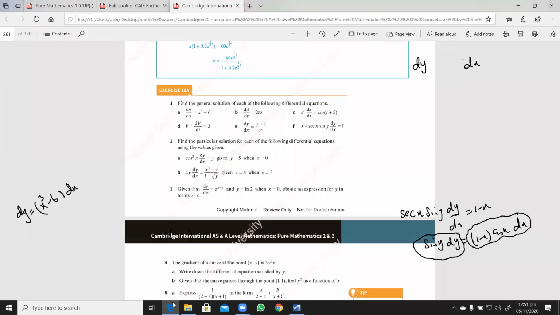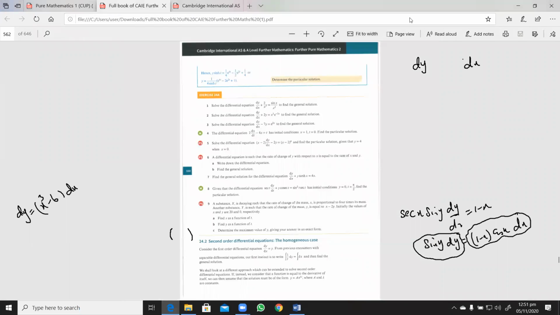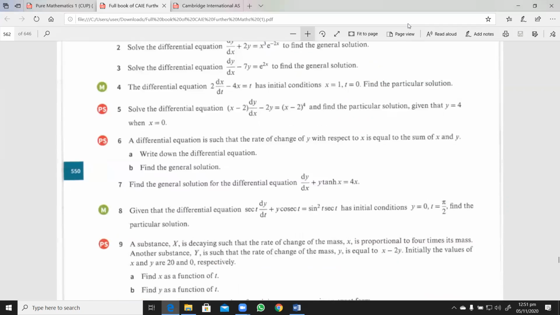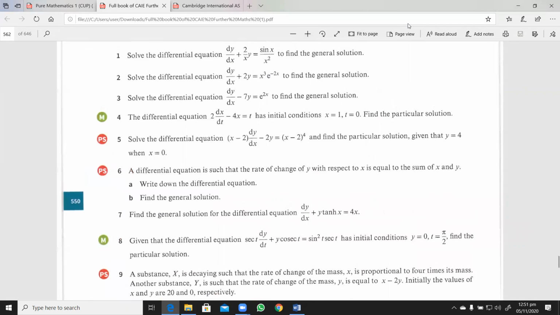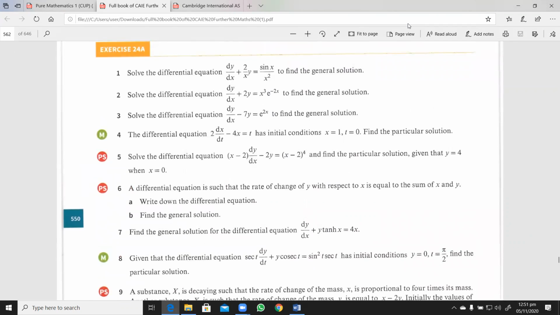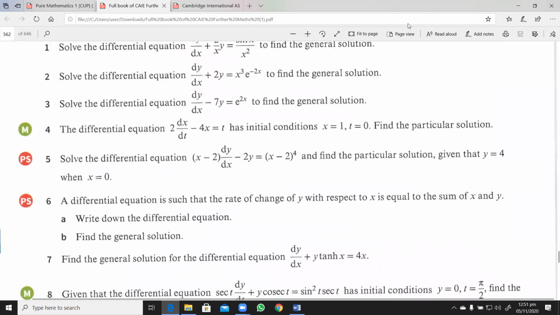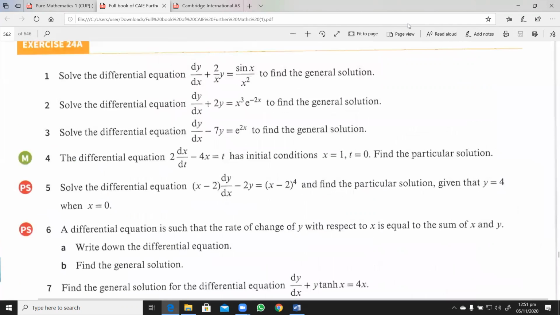This is the book from which we will be learning these differential equations. You have to learn what to do to split them so that you can solve them. To solve these differential equations, you will have to learn a new method. So let's start that.